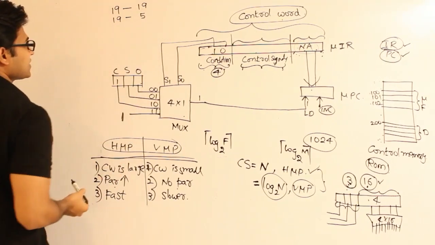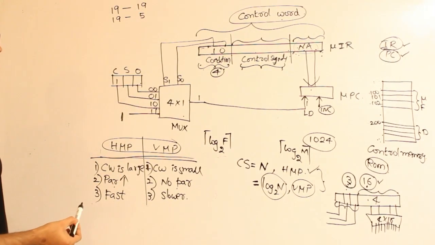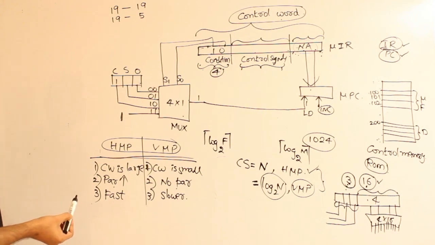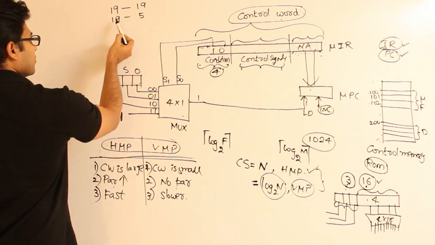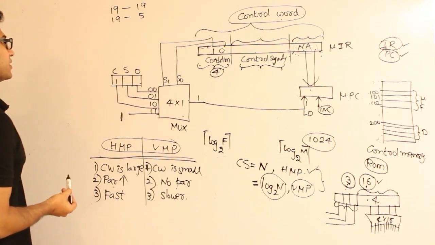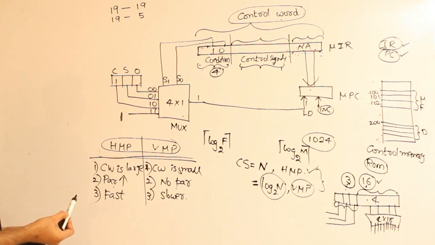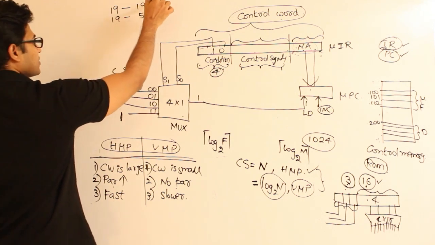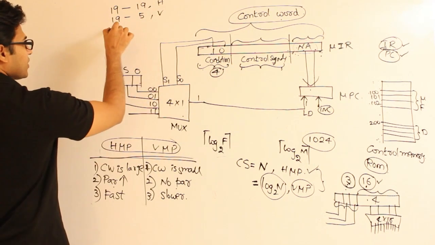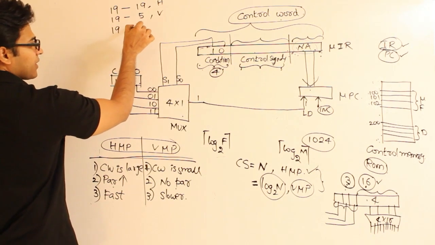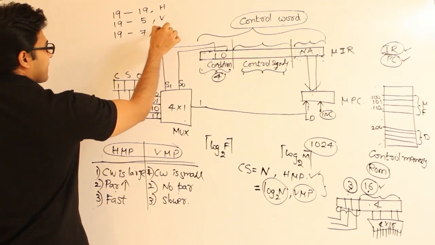With 5 bits you will be able to generate 32 signals, but we are going to use 19 of them. And 4 bits are not enough, because with 4 bits only 16 signals can be generated. Got it? So 19 bits are required in case of horizontal and 5 bits in case of vertical. And under the given conditions, if I go with hybrid, then I need 7 bits, right?